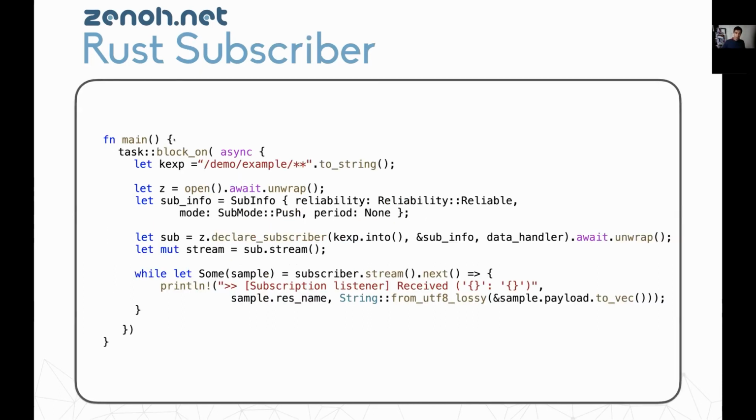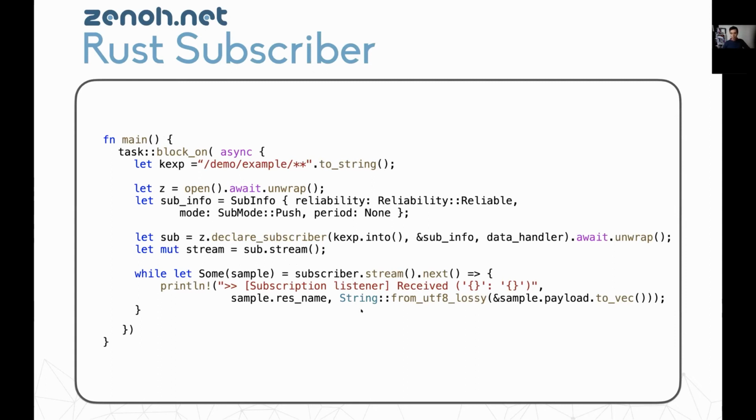How about the subscriber? Again, that's some code in Rust. You see that you open your session, you define the kind of your subscriber. In this case, a reliable subscriber, which is asking to be pushed data all the time, so it doesn't specify a schedule. You declare your subscriber, and then look at this. Essentially, you can stream data through your subscriber.